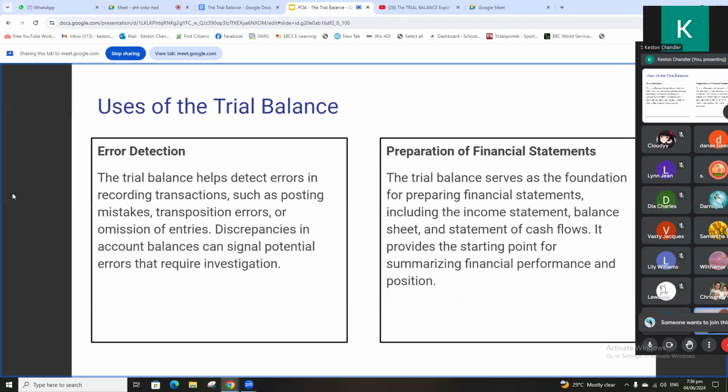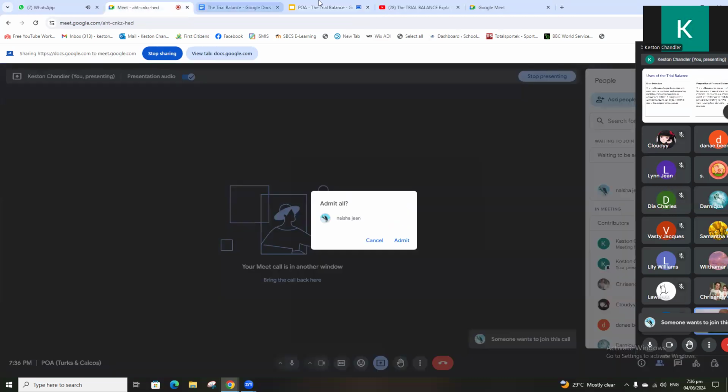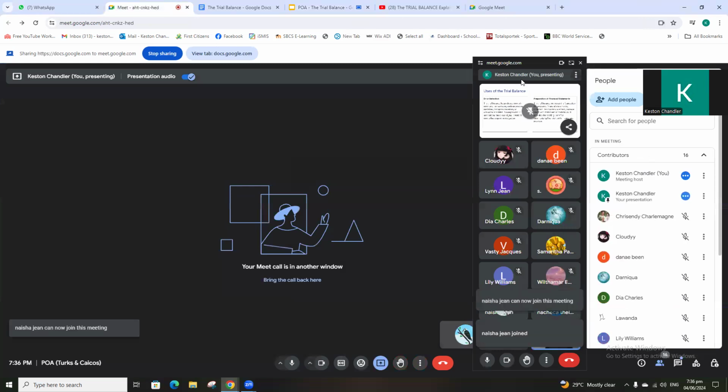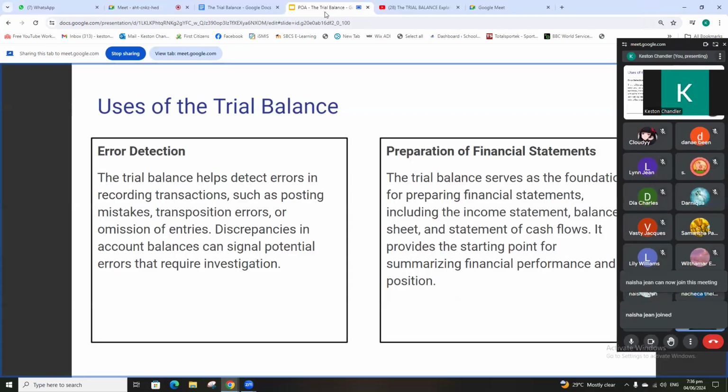So what happens in a situation like that? We may not know that it happened until we are actually doing our trial balance and preparing our financial statements.